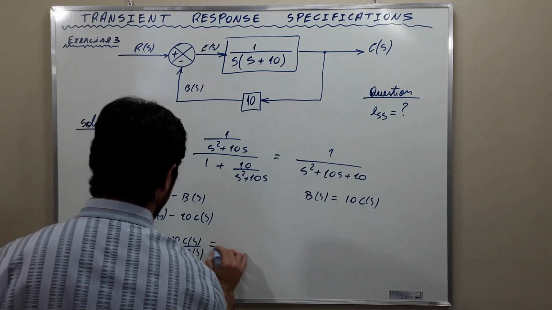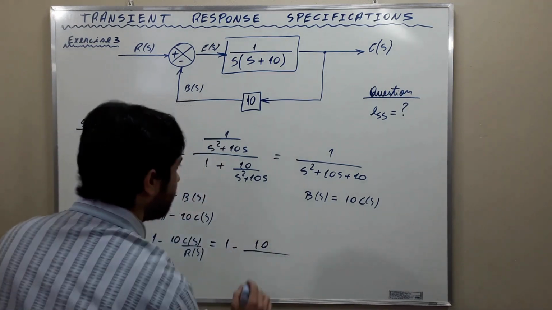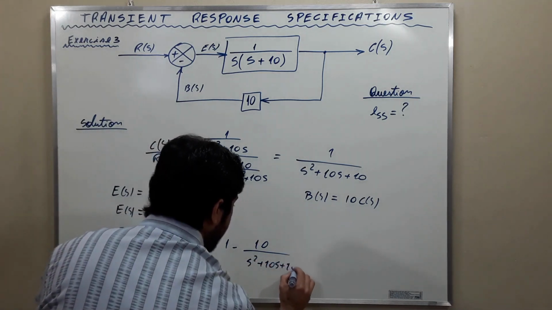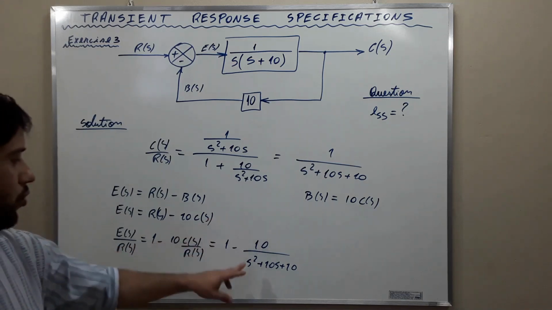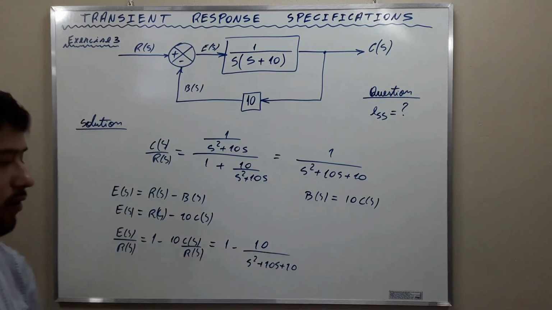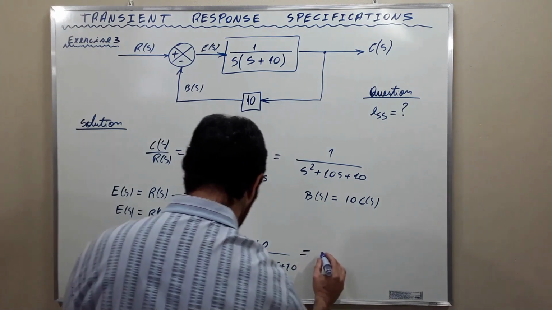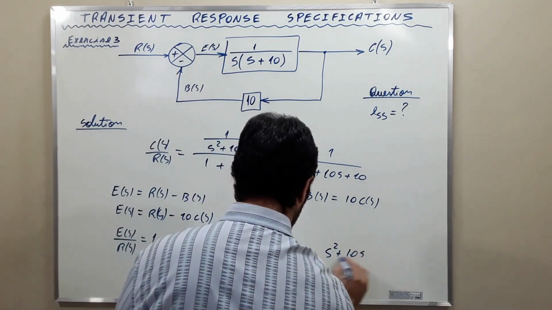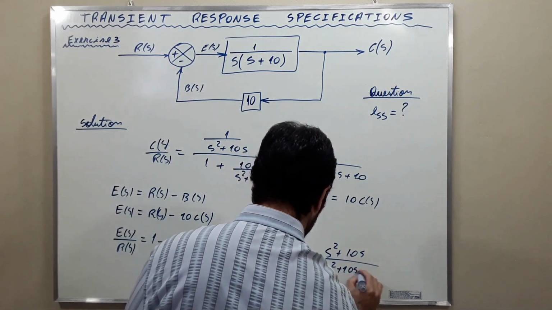Then it is 1 minus 10 over S squared plus 10 times S plus 10. Okay? And we are going to multiply this by this and subtract 10 to arrive at the final expression, which is S squared plus 10S divided by S squared plus 10S plus 10.